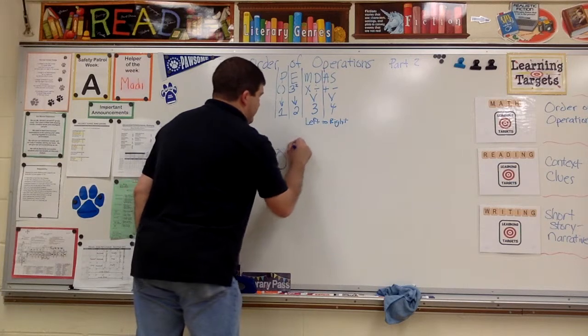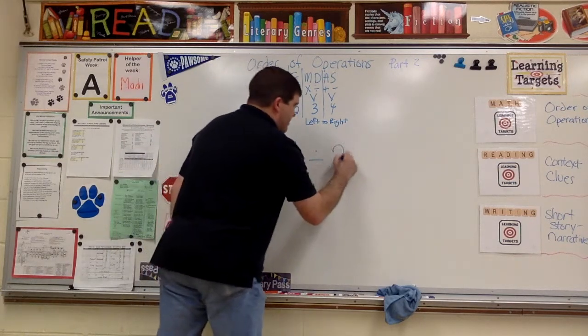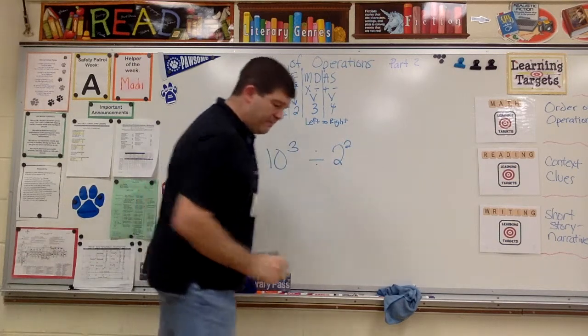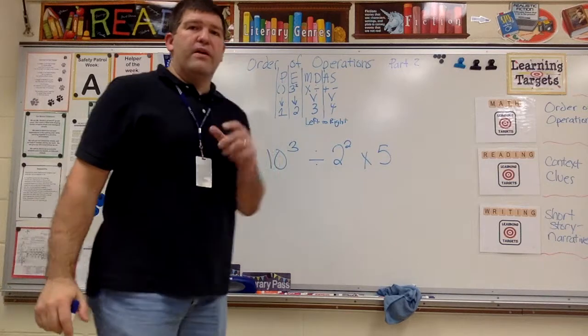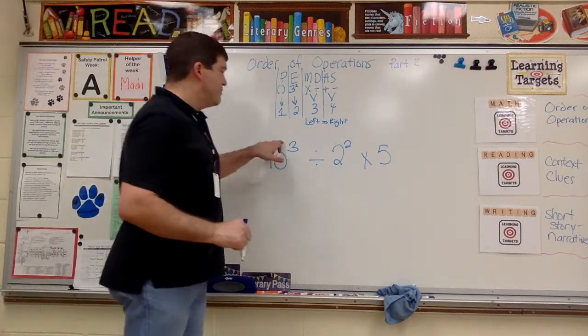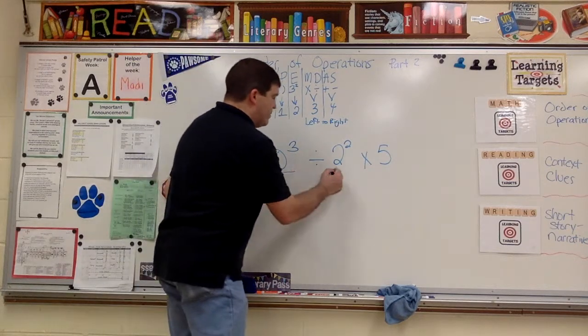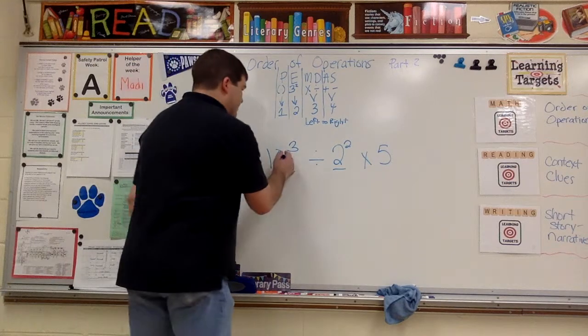10 to the third power divided by 2 to the second power times 5. So following the order of operations, I'm going to do the exponents first. So I look at this right here as an exponent, and that's an exponent. Doesn't matter which one I do first. I'm going to do this one first.